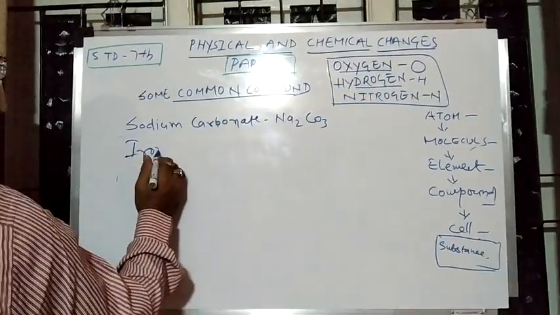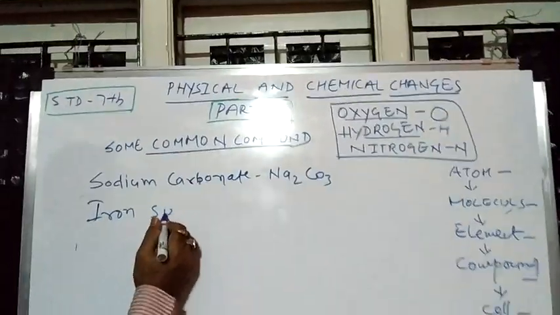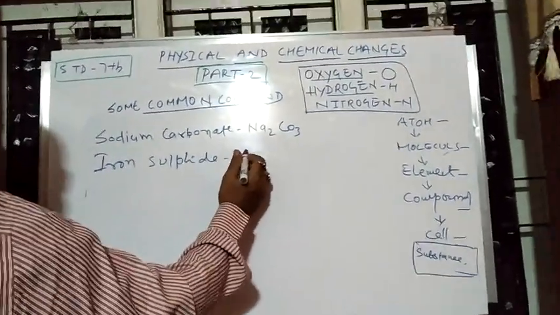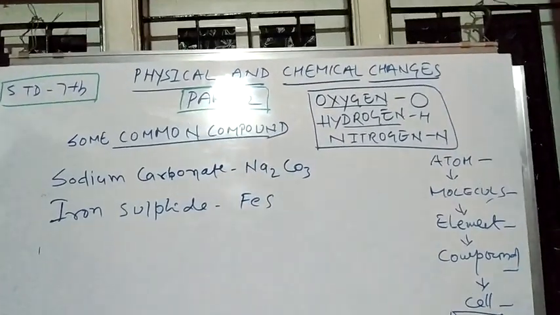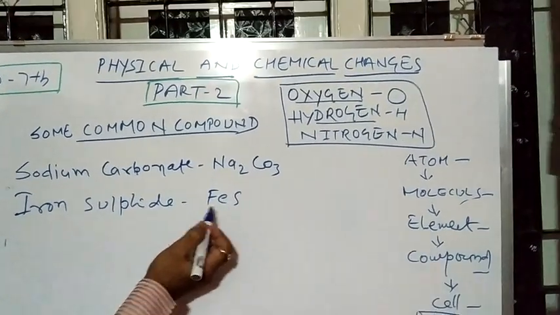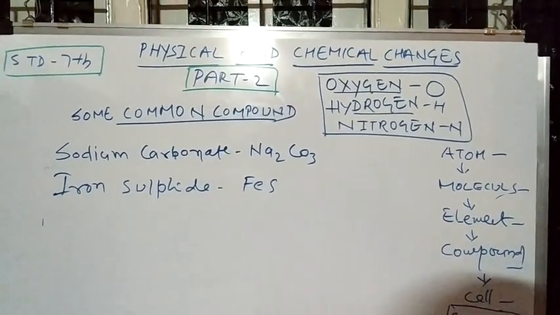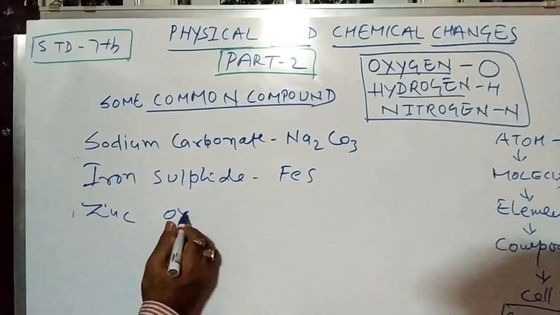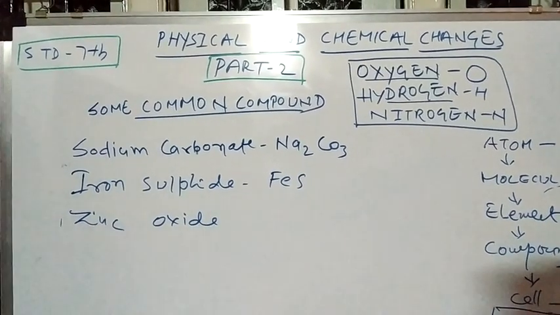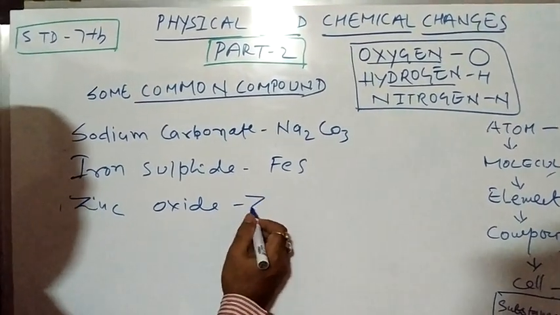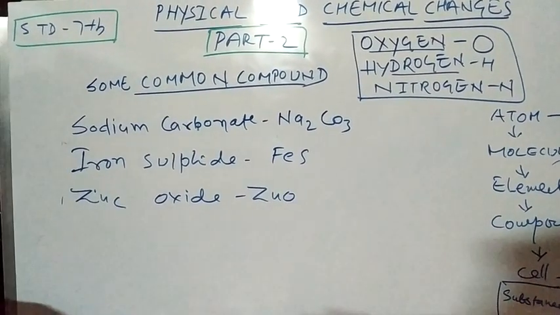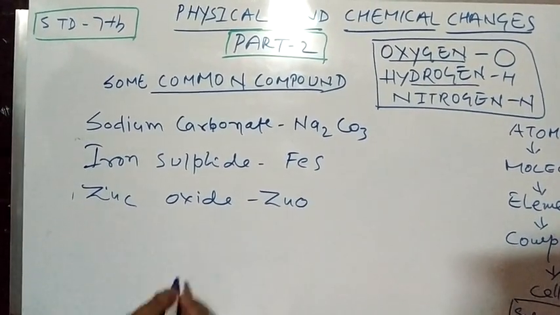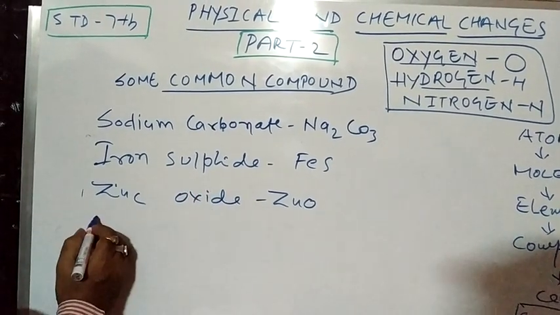Iron sulfide, FeS. See, Fe is known for iron and S for sulfide. Zinc oxide. Please note down in your notebook because these are very important compounds which you are going to use and you are going to learn all of these.